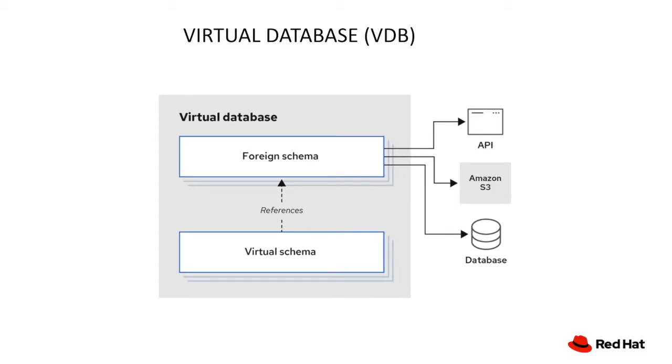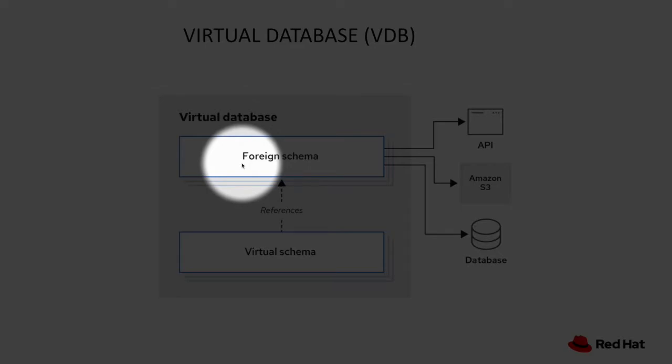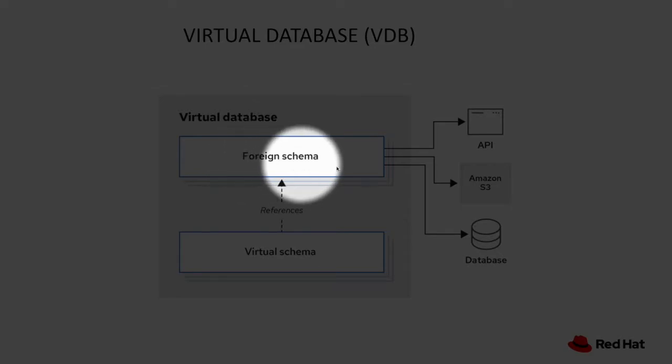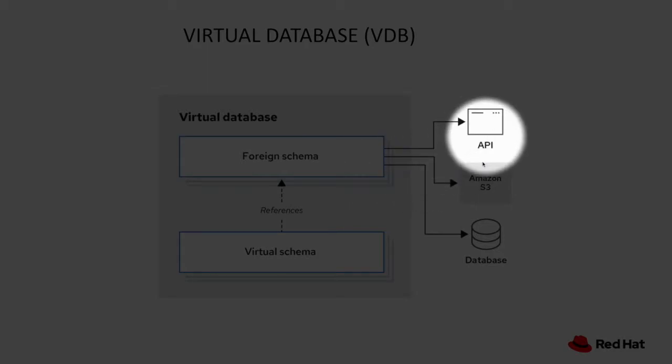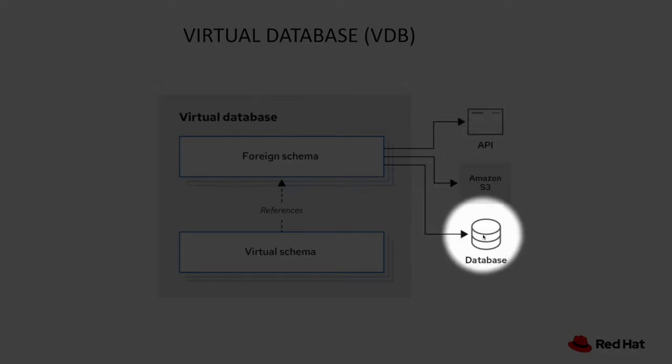For example, you may create a virtual view table that aggregates data from multiple foreign tables from different external sources. Your virtual view ends up as a part of a virtual schema. You can see in this particular virtual database, you have actually 3 foreign schemas talking to 3 different external data sources: API, Amazon S3, and database.